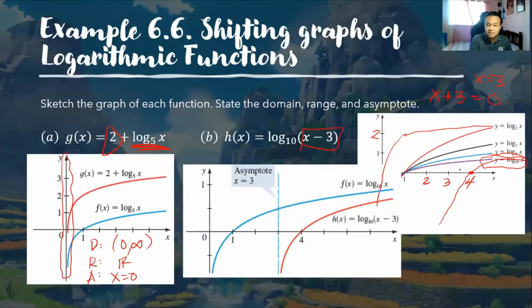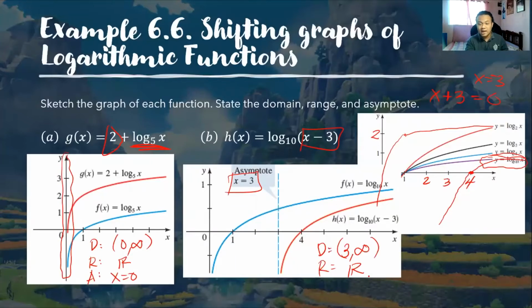Our asymptote is x equals 3. The domain must not include 3, because at 3 it becomes 0. And the range is the same, the set of all real numbers.